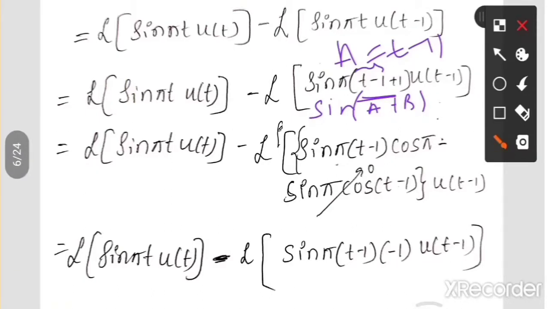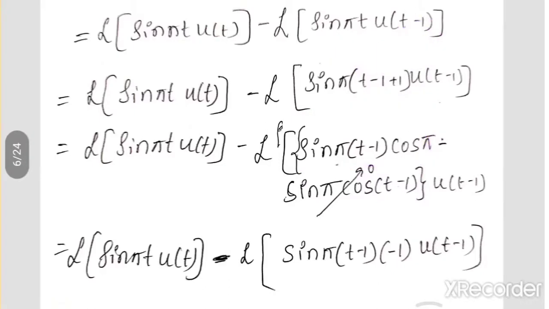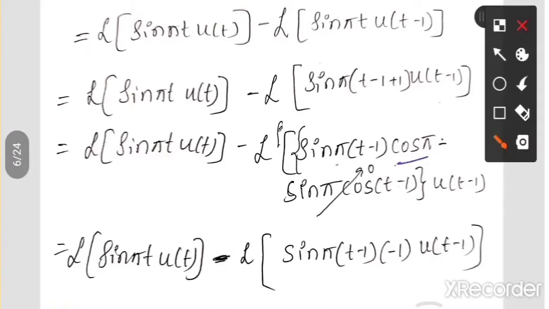Okay, now you can apply sin a plus b formula, that is sin a cos b minus cos a sin b. Apply sin a is t minus 1, sin a cos b, b is, here what we are taking is 1. Okay, cos of 1 into, here we have a pi, therefore it should be cos pi.